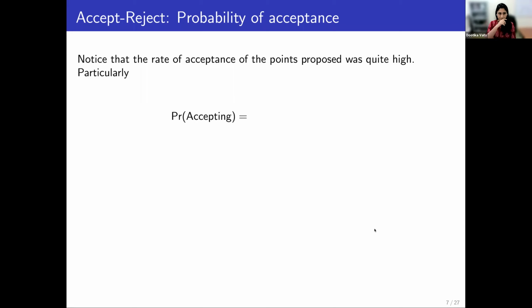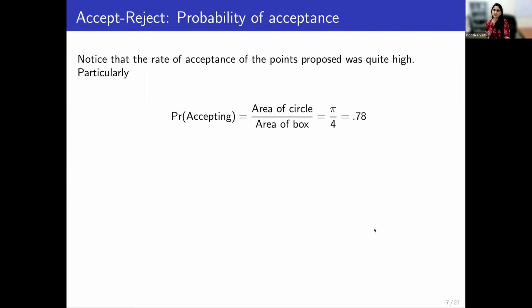So particularly, can we have a guess on what could be the probability of accepting a point in the previous example? Area difference between circle and the rest. Yeah, exactly. It's a function of what is the area of the circle proportional to what is the area of the underlying box, right? And so that's exactly what the probability of accepting is.